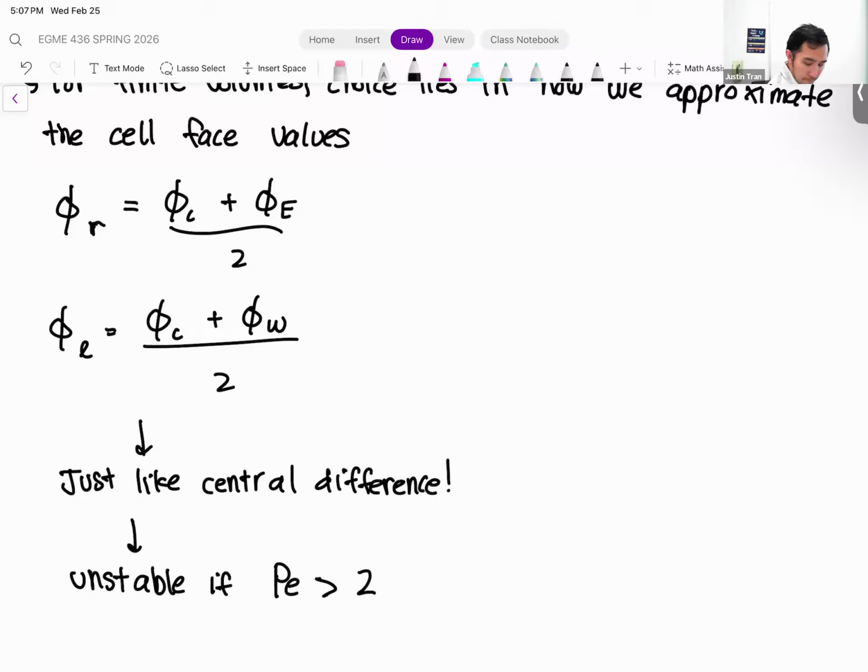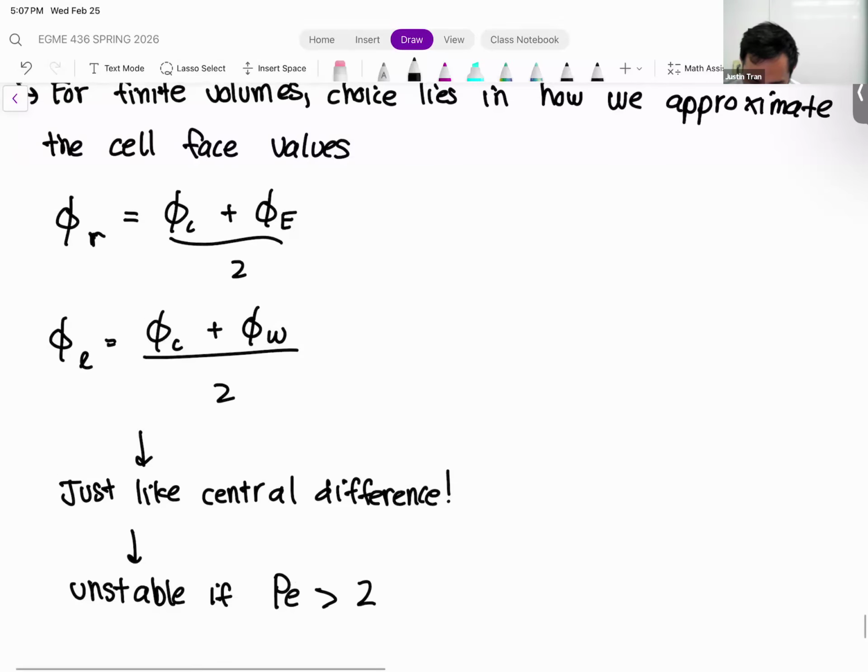Okay. So then how else can we do this? This seems to make the most logical sense because physically, that cell face is located right in between our two cell-centered values. So what else can we pick for this? Let's look and see what the upwinding scheme looks like.